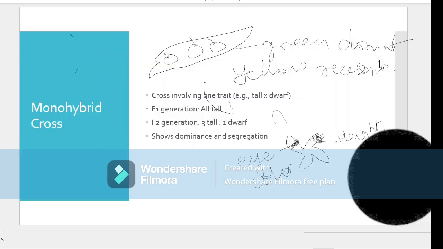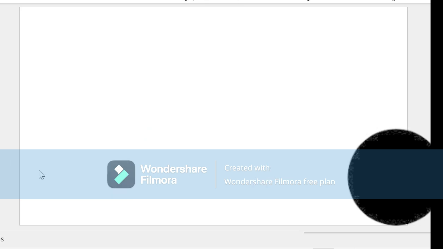So for doing that, first we do monohybrid cross. अब ये monohybrid cross हम करते कैसे हैं? For doing this monohybrid cross, let me show that to you. So we take some traits.